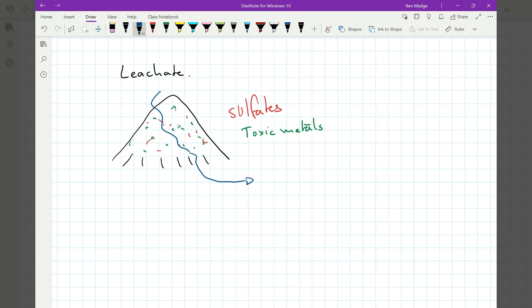We can pass this leachate through a bed of limestone chips. So this presumes that we've collected it somehow, prevented it from escaping into the wider environment. So we have some sort of leachate collection system.